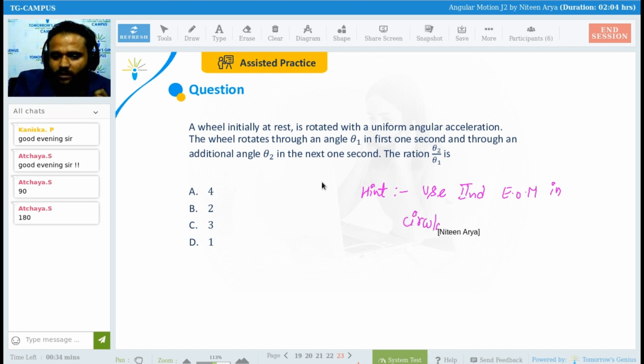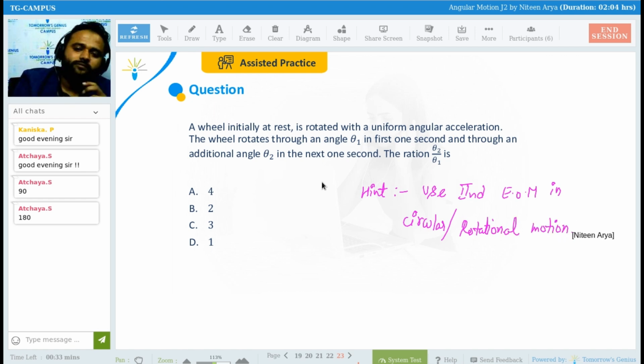I'm not going to write even circular or rotational motion. Like theta equals omega 1 t plus half alpha t square, something so and so. Okay, that equation you need to use.